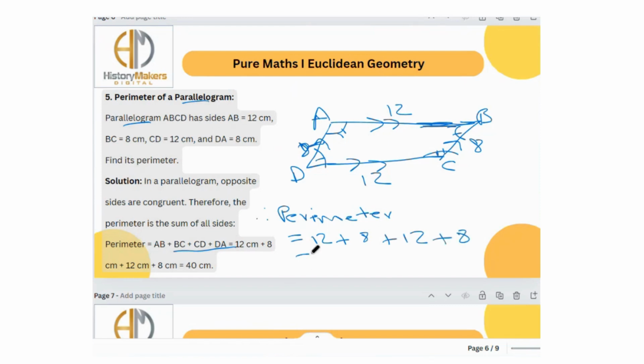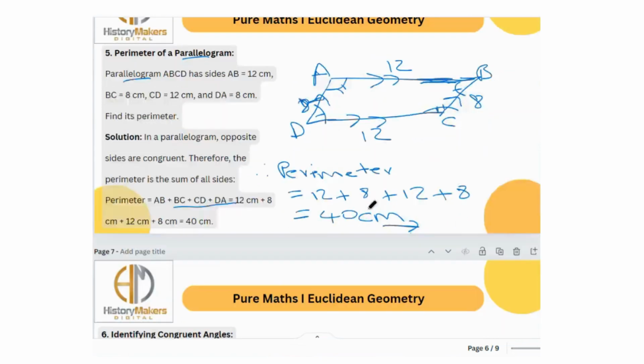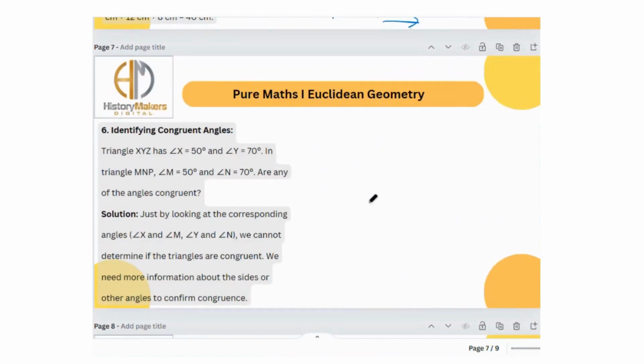Now we know that 12 and 8 is already 20, and another 20, then it will give us 40. And remember, it's centimeters in this instance, because it's linear. It's not an angle, and it's not an area, which would be centimeters squared. So this will be your unit for this particular perimeter that you would use as a boundary for this particular parallelogram.